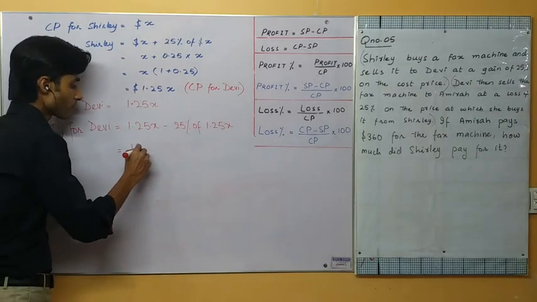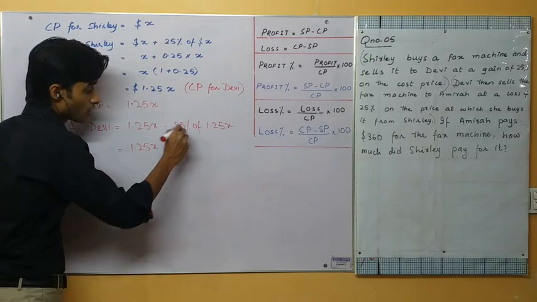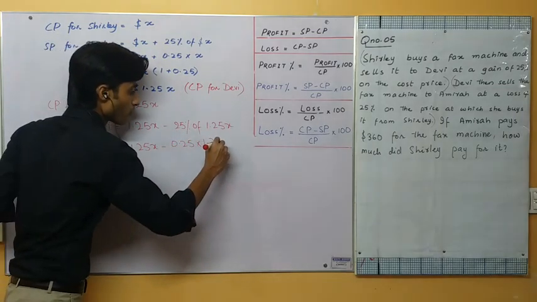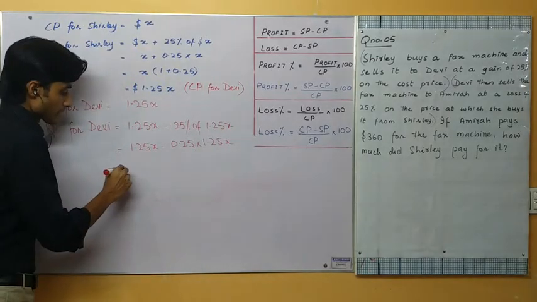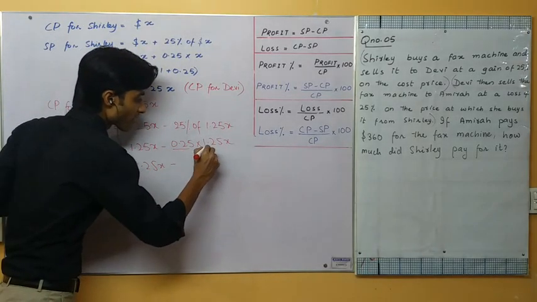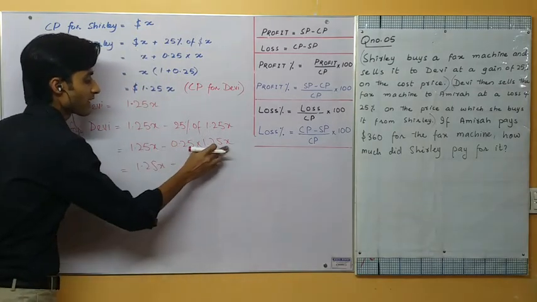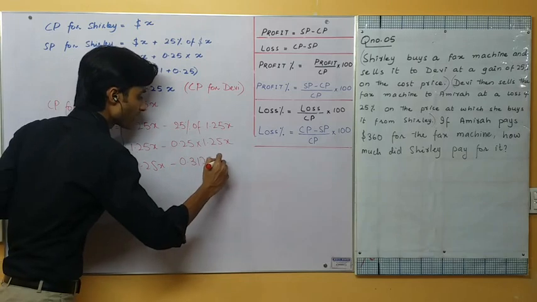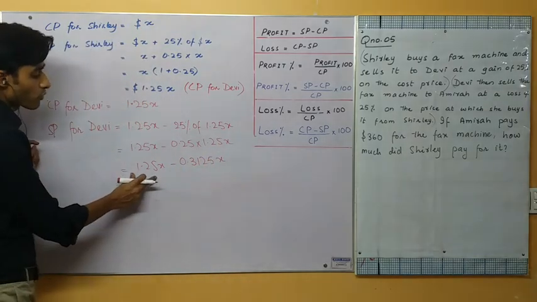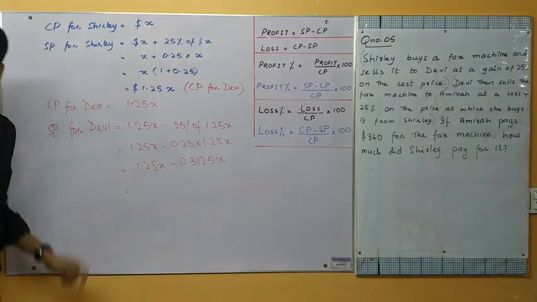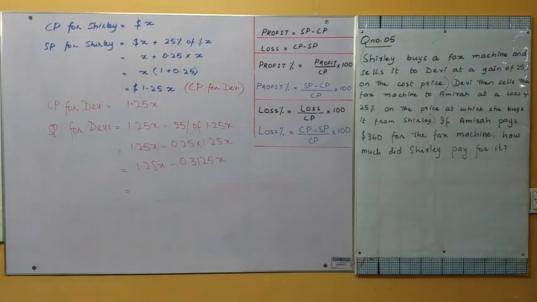If I simplify this further, 25% means 0.25, multiplied by 1.25x, and the 1.25x remains unchanged. 0.25 multiplied by 1.25 becomes 0.3125 times x. 1.25 minus 0.3125 becomes 0.9375.